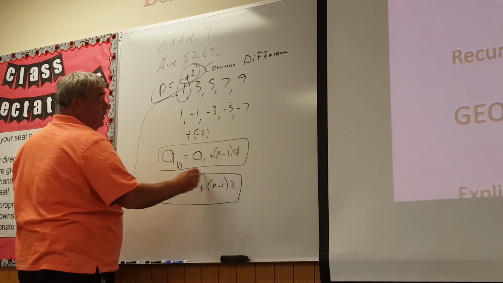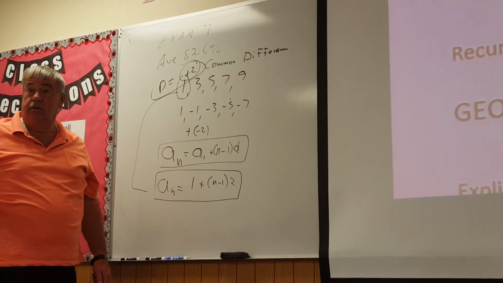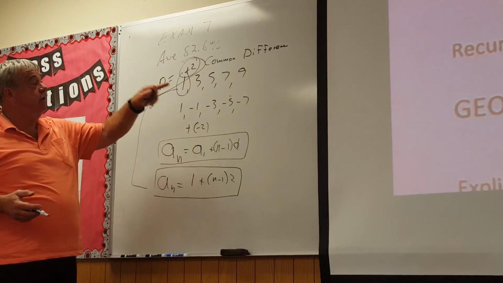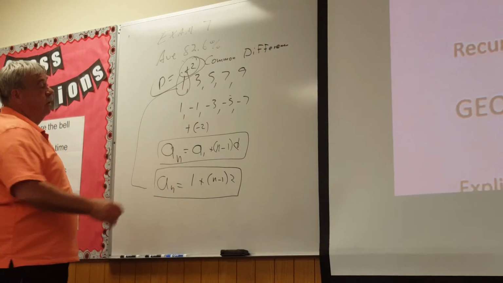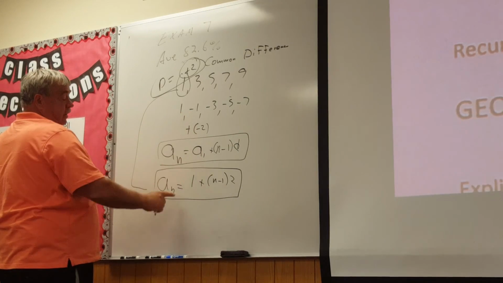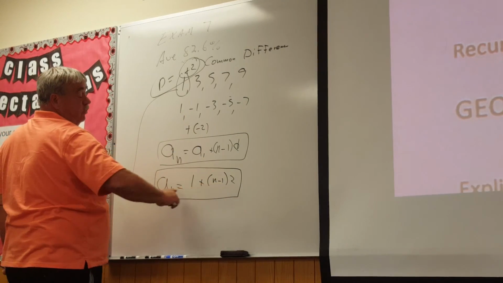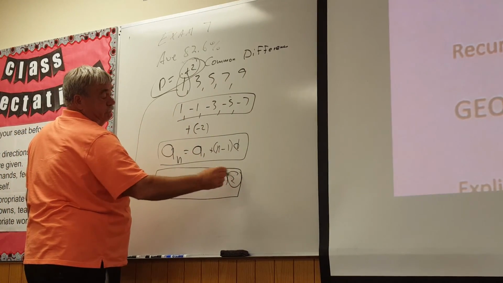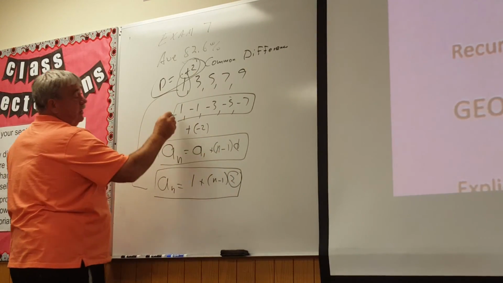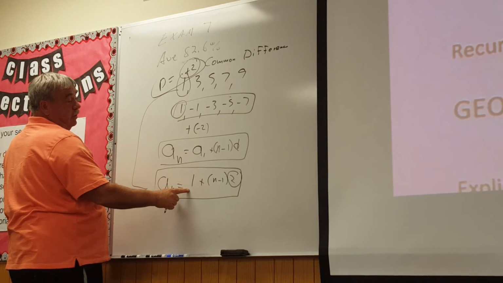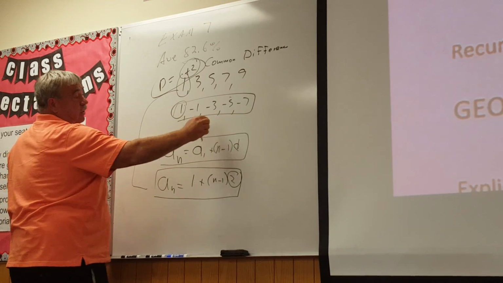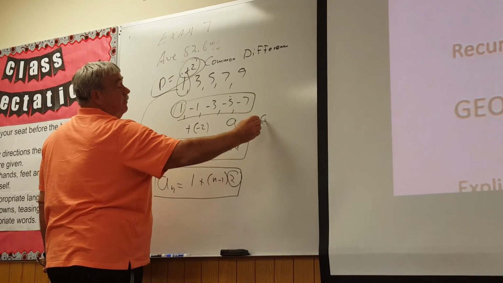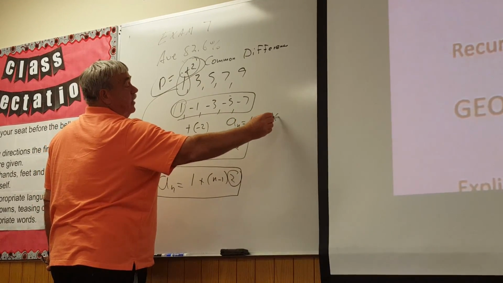That's what you need to do. That's all. That's your formula, or the explicit formula for this sequence. And what's the only difference for this one? Then here, what would you do different for this one? This is the only thing different, because 1 is still the first term. So this one would be a_n would be 1 plus in parentheses n minus 1, but then you times it by negative.